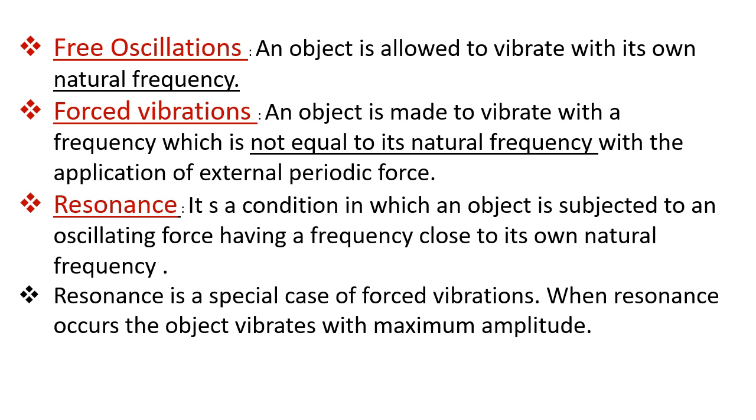In case of free oscillations, remember the object is going to vibrate with its natural frequency. For example, if you take the bob of a simple pendulum, displace it through some angle and release, and then you don't disturb the system, then the bob is going to oscillate only with its natural frequency, and the oscillations are said to be natural or free oscillations.